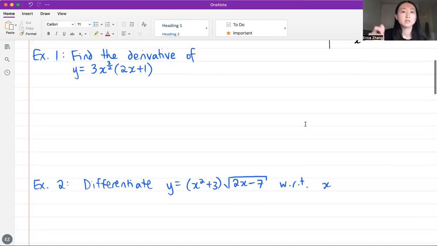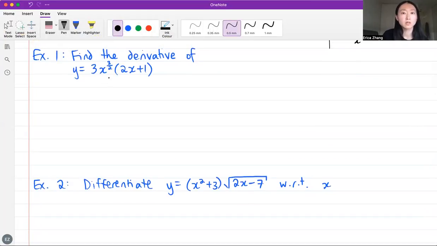All right, let's find the derivative of this function, y is equal to 3 multiplied by x to the power of 3/2 multiplied by 2x plus 1. So let's use f of x is equal to 3x to the power of 3/2 and g of x is equal to 2x plus 1 using function notation.